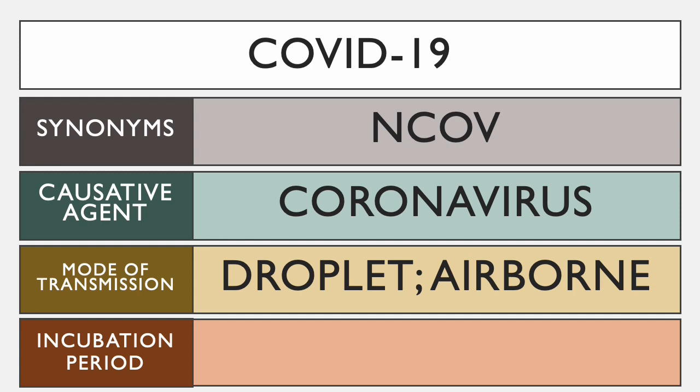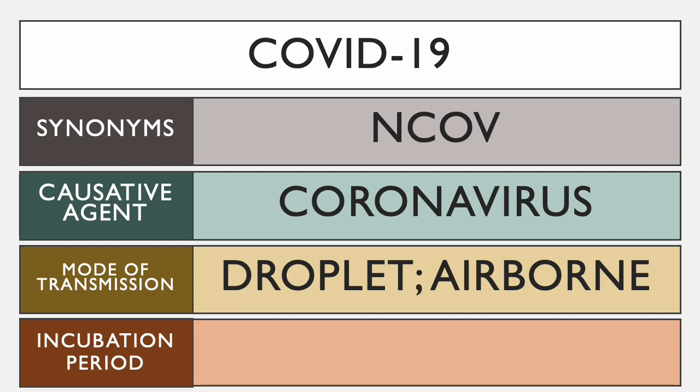And one thing can't stay novel forever kasi eventually merong ibang ma-identify pa, no? So, droplet and airborne is the mode of transmission. Incubation period, before kasi the incubation period is at 2 to 10 days. Okay, 2 to 10 days, yun yung standard na incubation period ni COVID-19.